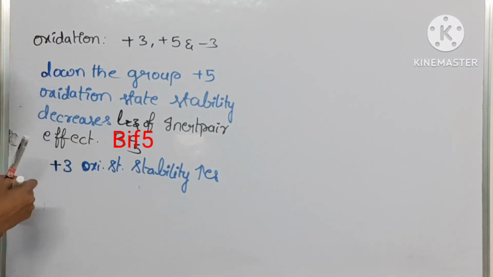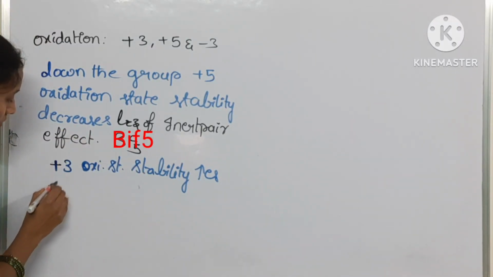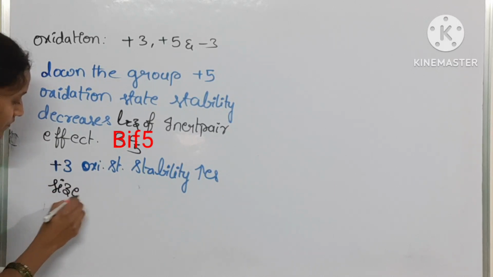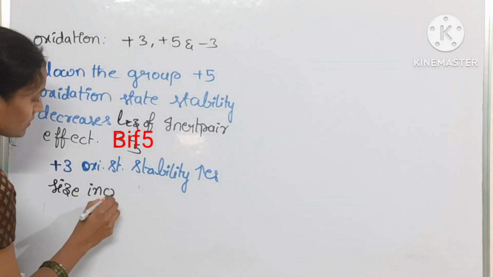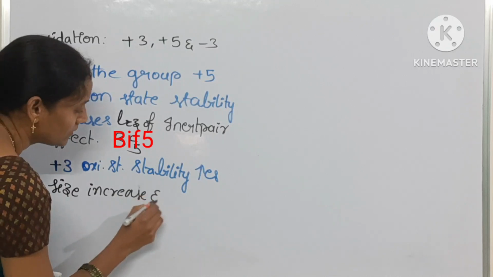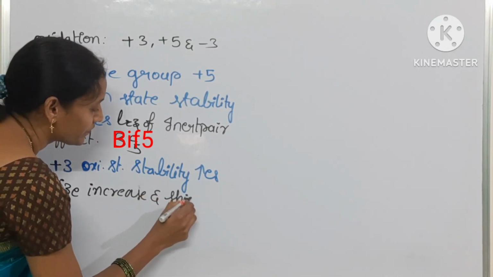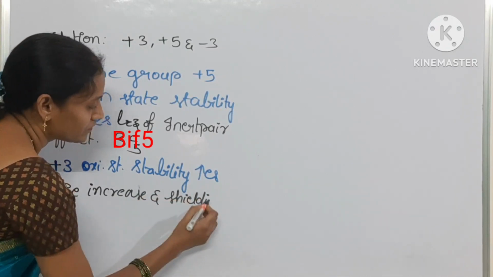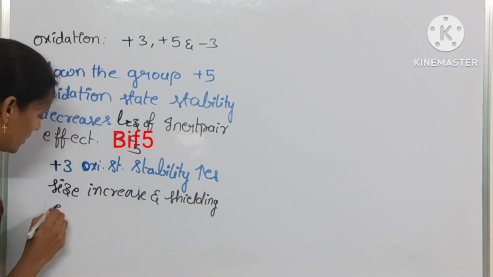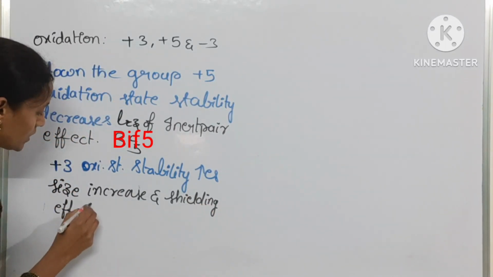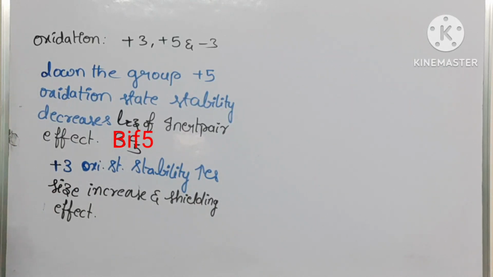Stability increases because of size increase and shielding effect. These are the two reasons why the +3 oxidation state stability increases down the group.